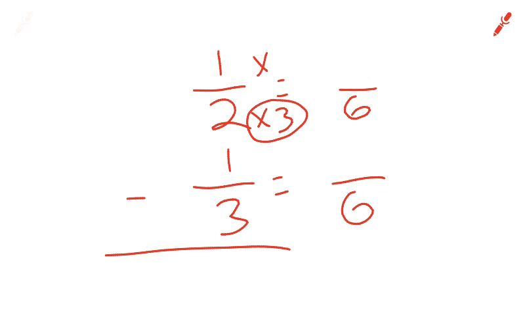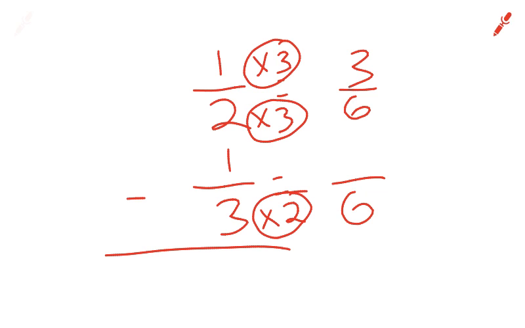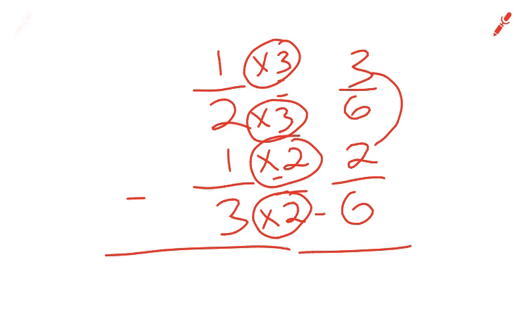So we're going to do a times 3 up here. 1 times 3 is 3. 3 times 2 is 6. So we're going to do a times 2 on top. 1 times 2 is 2. Now we subtract. 3 minus the 2 is 1, and your denominator stays the same as 6.